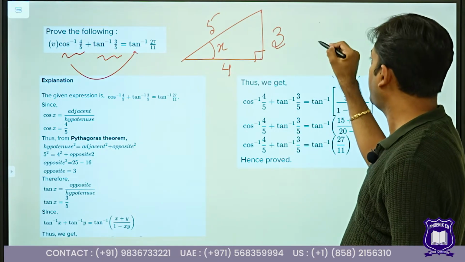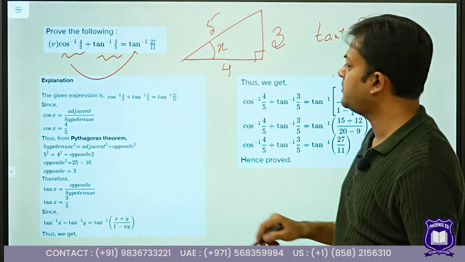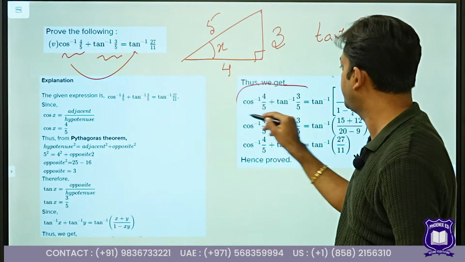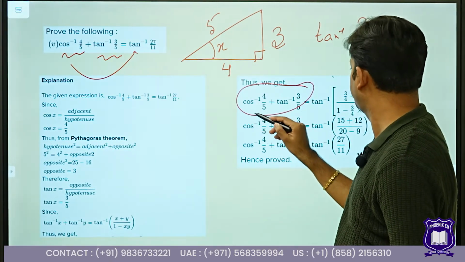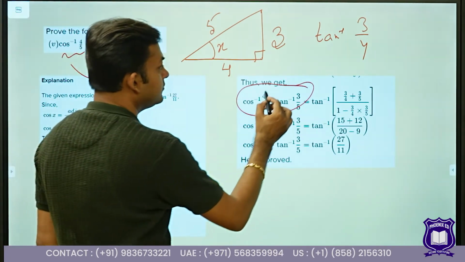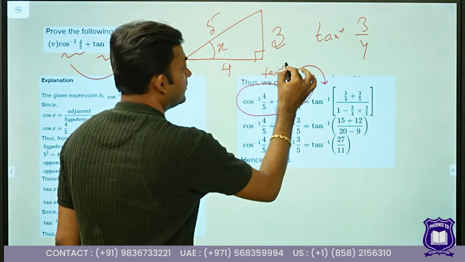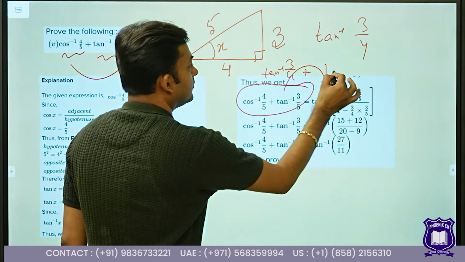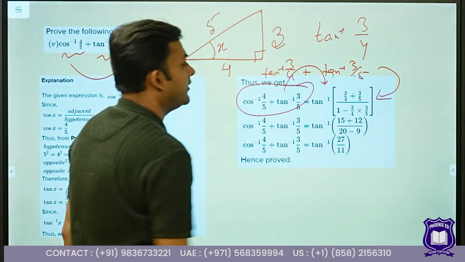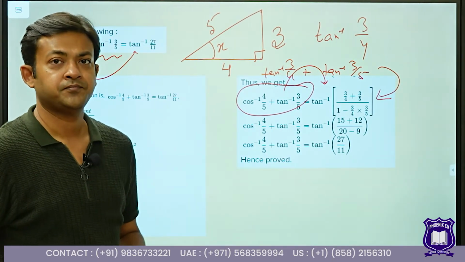So converting into tan inverse, we get tan inverse 3 by 4. So my question becomes tan inverse 3 by 4 plus tan inverse 3 by 5. Applying the formula, we get tan inverse of 27 over 11.